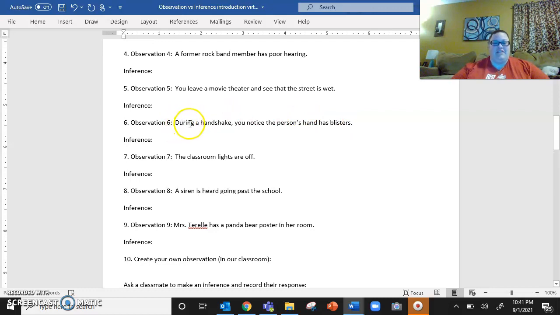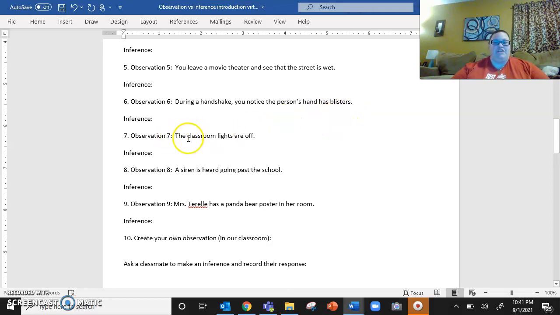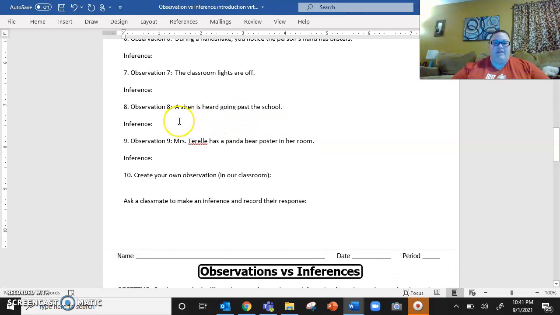Observation number 6. During a handshake, you notice the person's hand has blisters. Observation number 7. The classroom lights are off. Observation number 8. A siren is heard going past the school. Observation number 9. Mrs. Terrell has a panda poster in her room.